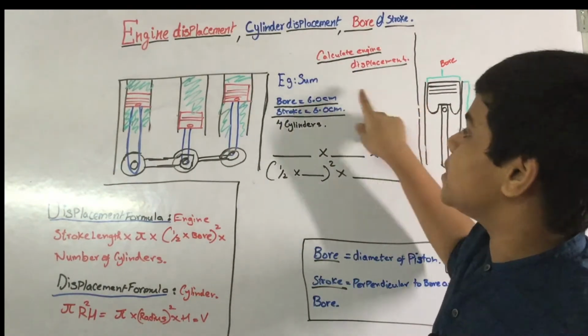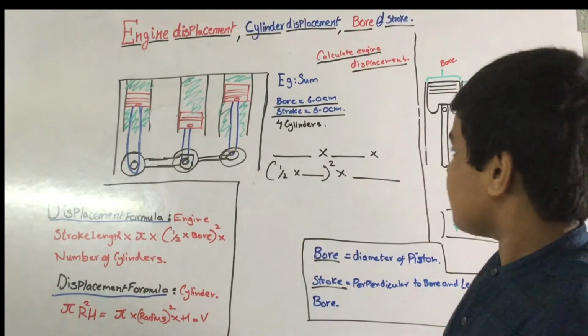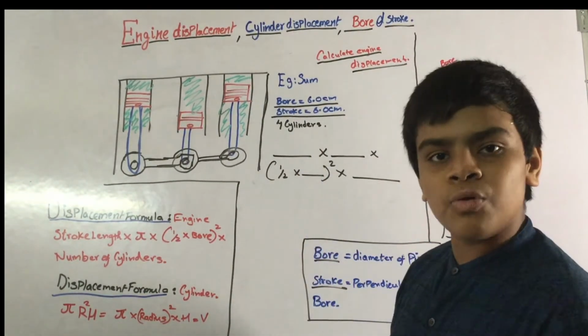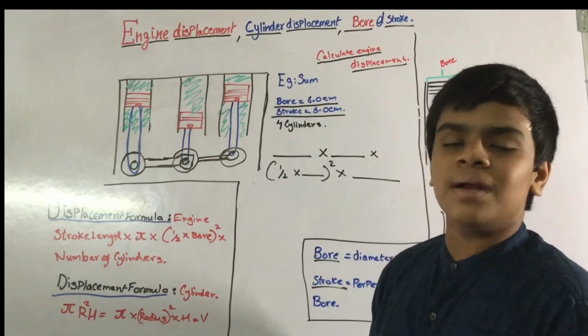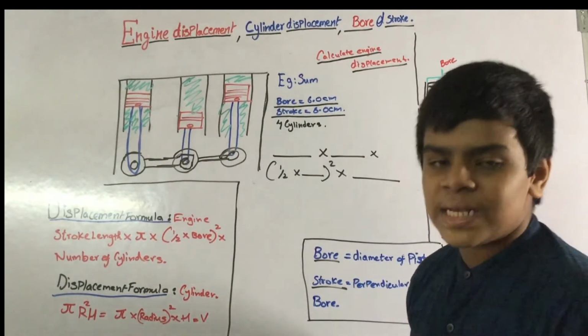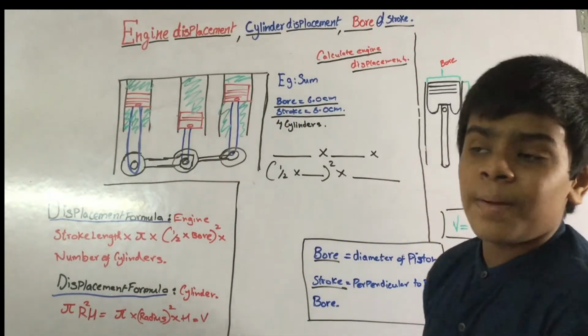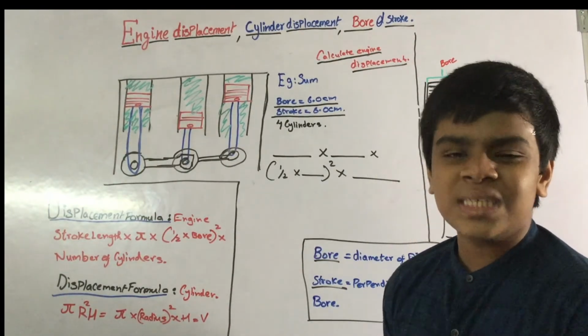So, calculate engine displacement. For example, we have a bore of 6 centimeters. That's not a general value, I'm just taking it as an example, rounded off. It's the same when there is 8.2 or 8.5, but keep 8.5 as 8.5. Don't round off these values alone, it's really important. If you get 1.2569, you can keep it as 1.2.